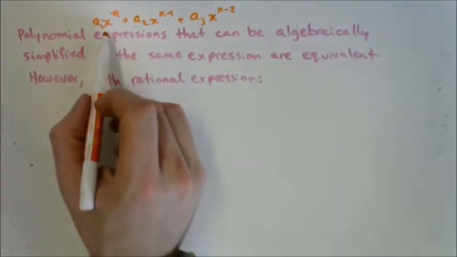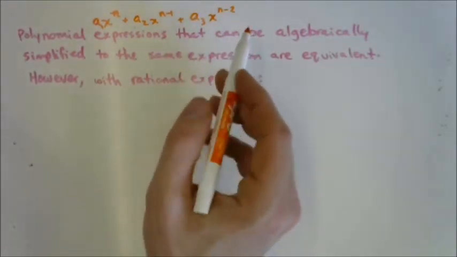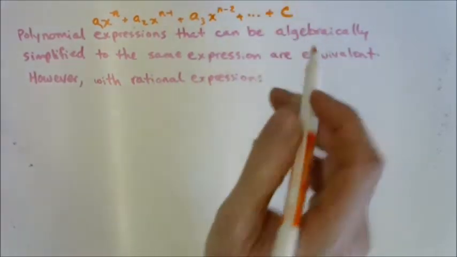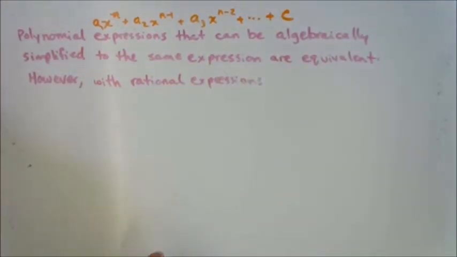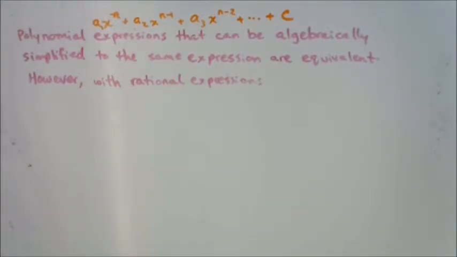So it just means that, let's say you were starting with x cubed, the next term would be x squared, the next term would be x, the next term would be your constant. This goes all the way until you get to just your constant. That's an example of a polynomial expression. Like a linear expression is a polynomial, quadratic is a polynomial, cubic is a polynomial. We'll discuss what rational expressions are in a second.